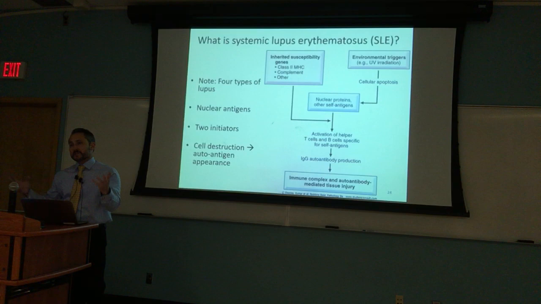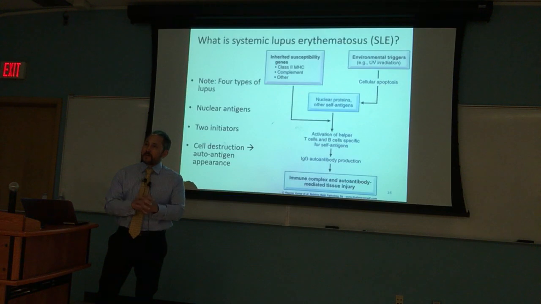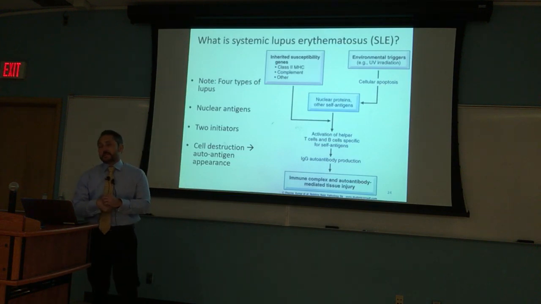It's systemic, meaning it's all over the body. There are really 4 types. There's systemic, there's cutaneous, there's drug-induced, and even fetal. But the one, for our purposes, that we're going to hone in on is called SLE, and it does happen to be the most aggressive.